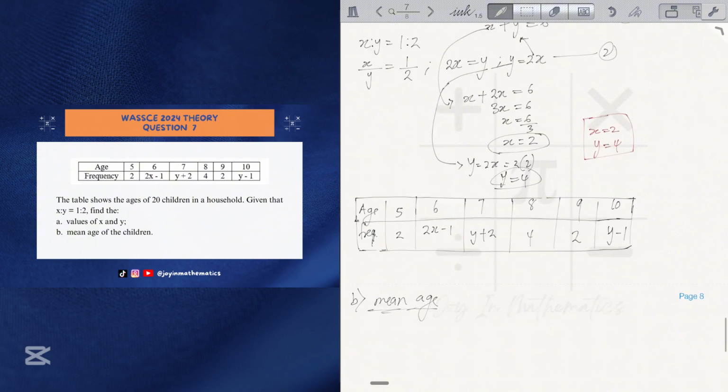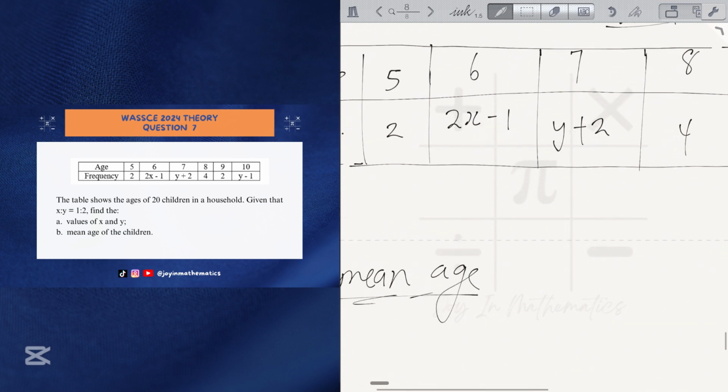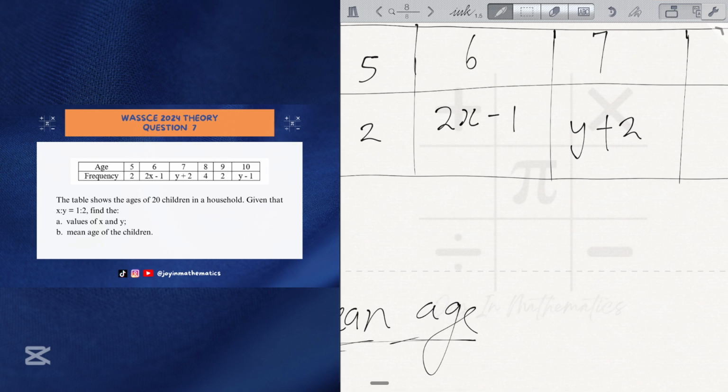Now we will substitute our value of x to be equals to 2 and y to be equals to 4. Wherever we see x, we substitute 2, and this will be equals to 4 minus 1, which is equals to 3. Let's just leave it to be equals to 3.